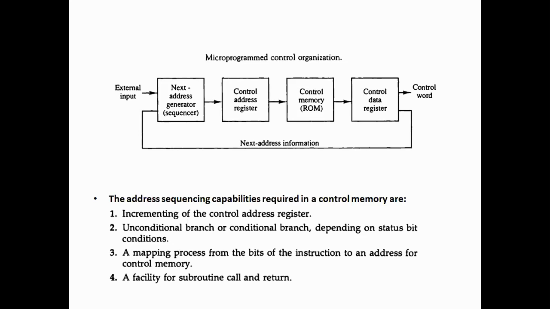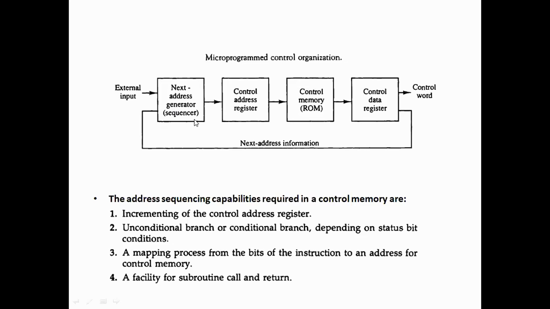That thing which generates it, we may call a sequencer, or next address generator. It may be that if the current address is, for example, 50, next maybe 51, so the sequencer may do an increment and done. It may be something like a branch, or a jump, like that.